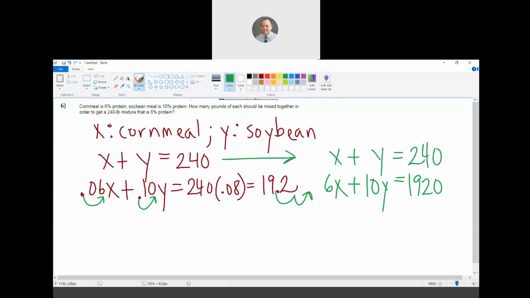You can use substitution or elimination. I'm using the elimination method. And I'm going to try and get rid of the y's. In order to cancel out the y's, our first y must have a negative 10 in front of it.